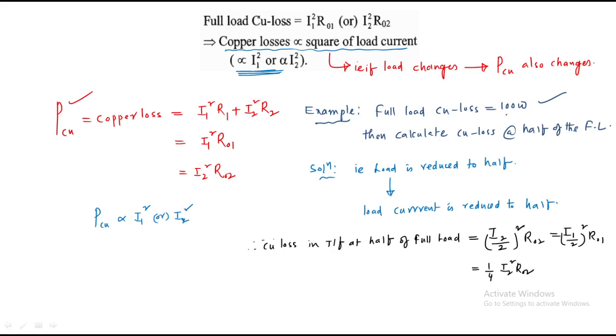But the given data is I2 square R02, full load copper loss, which is equal to I1 square R01. So the copper loss at half of the full load is 1 by 4 into 100, which is equal to 25 watts of copper loss at half of the load.